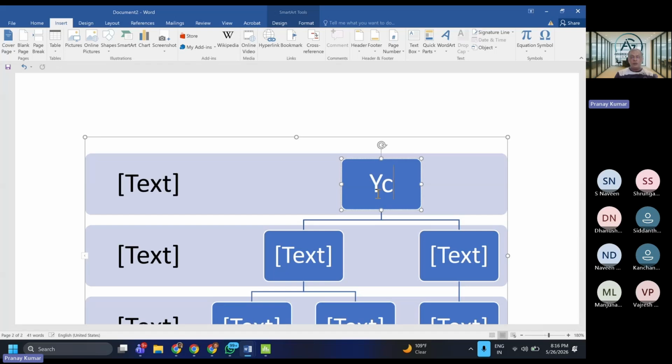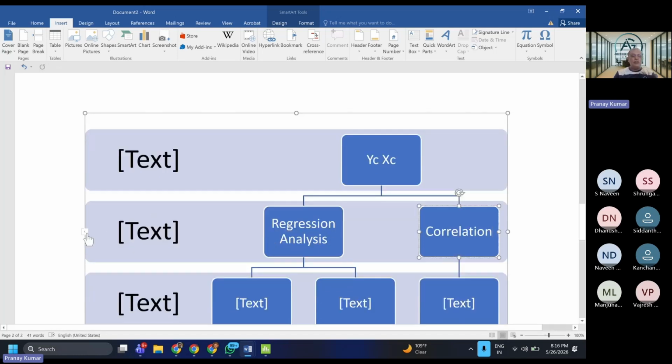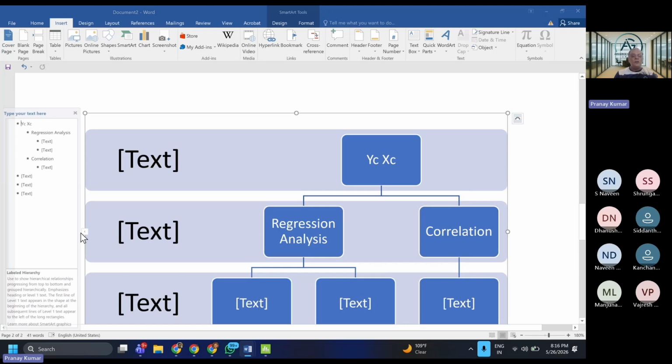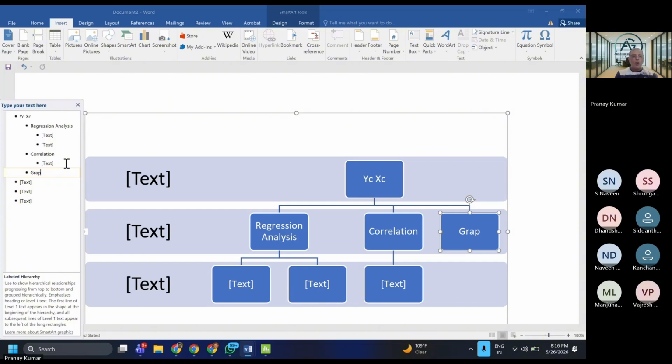Y continuous, X continuous. Either you can use a test called regression analysis, or you can use a test called correlation. And the graph that you can make, the data visualization tool that you can use, is referred to as scatter plot.